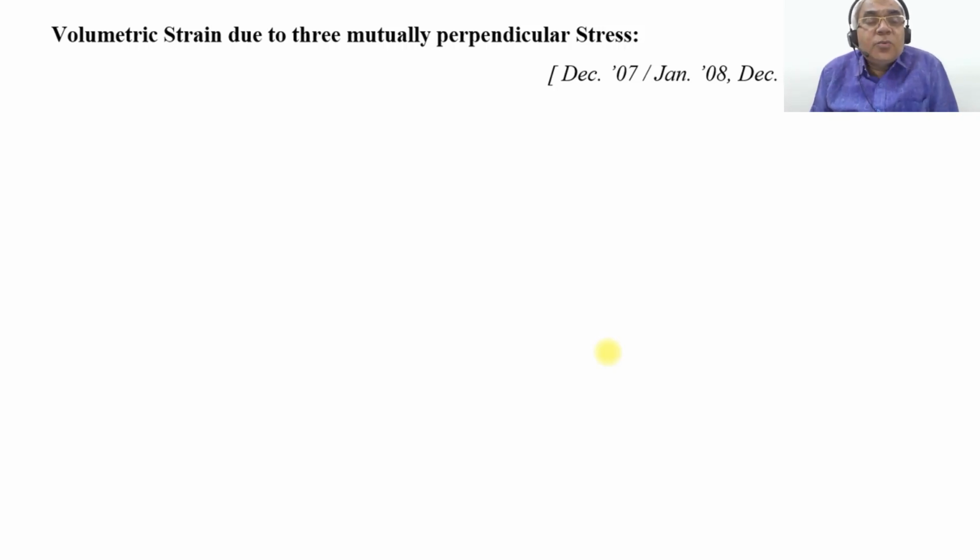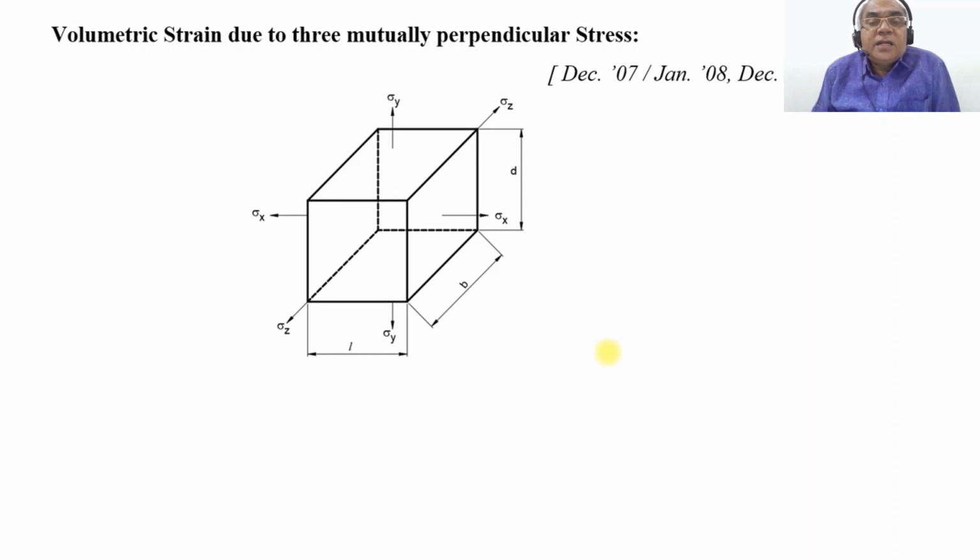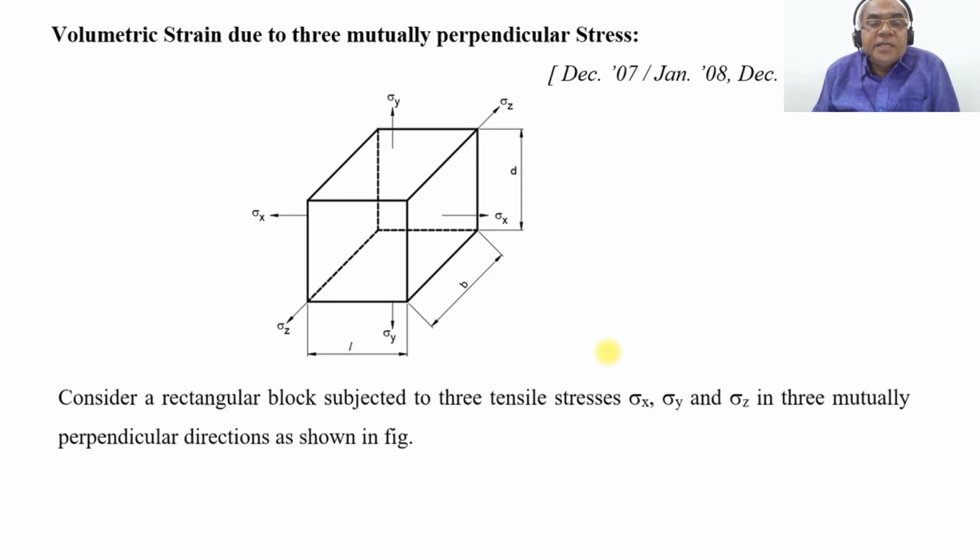Now we will consider the volumetric strain due to three mutually perpendicular stresses, that is, length L, breadth B, and depth D. Consider a rectangular block subjected to three tensile stresses: sigma x, along the x direction, sigma y, along the y direction, and sigma z, all tensile, on three mutually perpendicular planes.